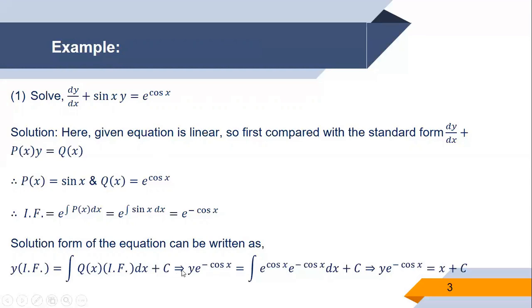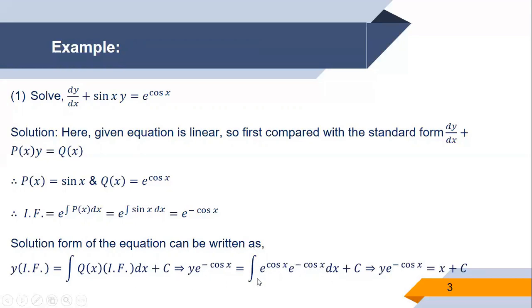So that implies y e raised to minus cos x is equal to integration of q x, which is e raised to cos x, into the integrating factor e raised to minus cos x dx plus c.